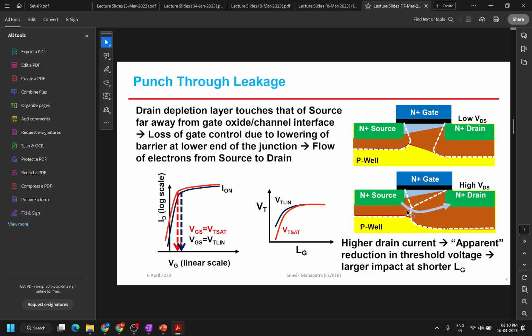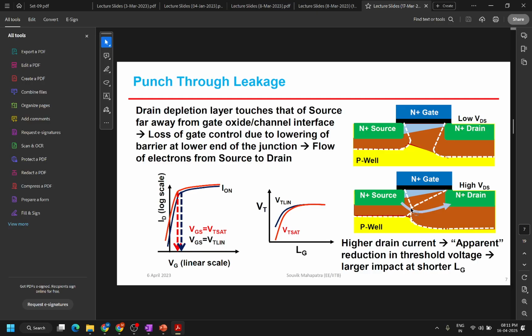So what is happening is, as you are increase your drain, the region where it's giving its field effect is also increasing. At a certain point it merges with the region where your source field effect is there.